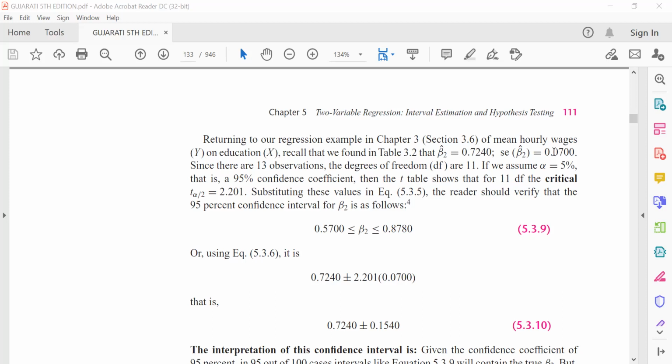This means 2.201 times 0.07 is equal to 0.15407.